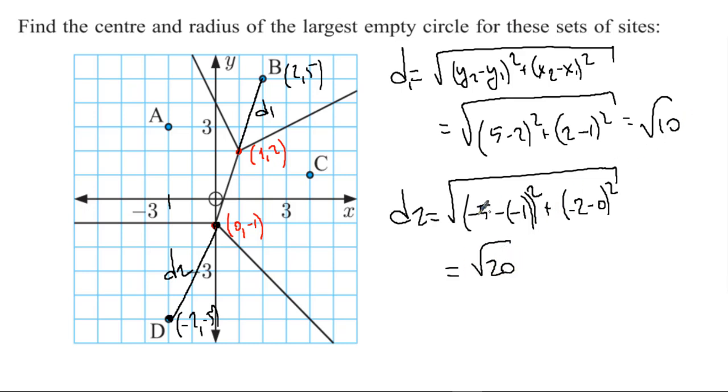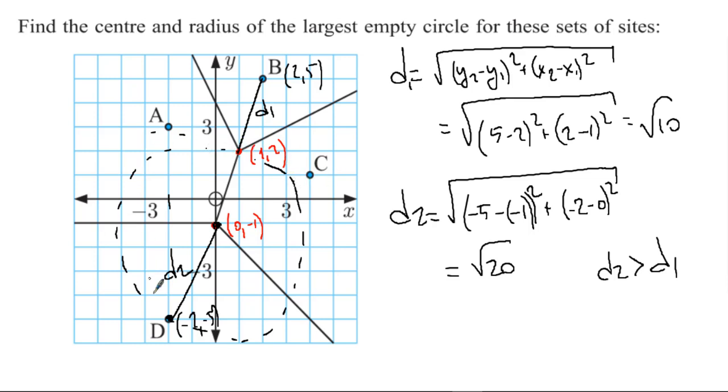So which one is the longest, D1 or D2? Of course, D2 is bigger than D1, so D2 will be the radius of our circle, and so the center is here. It should not contain A, C, and D inside, maybe something like this.